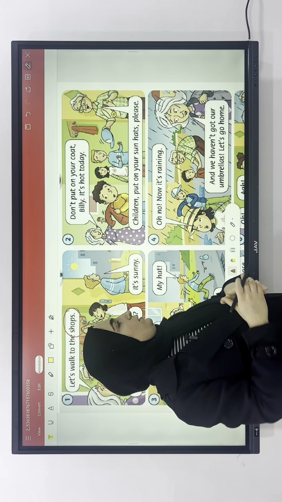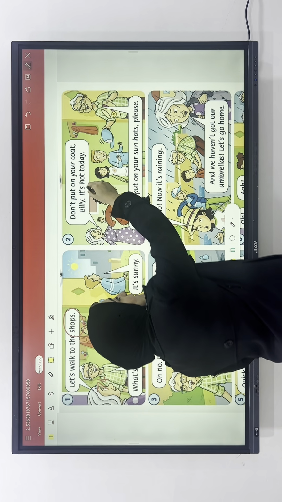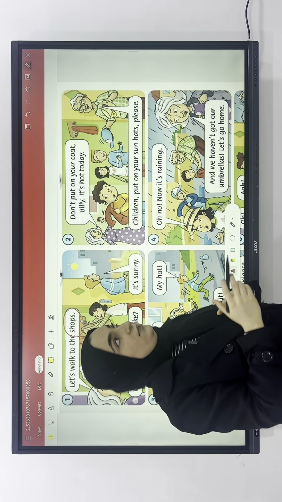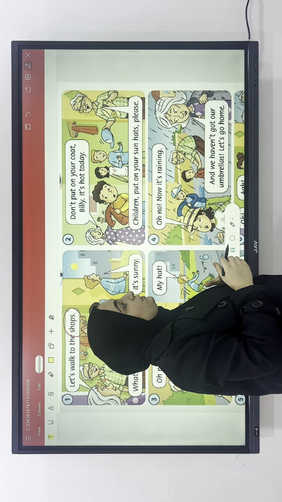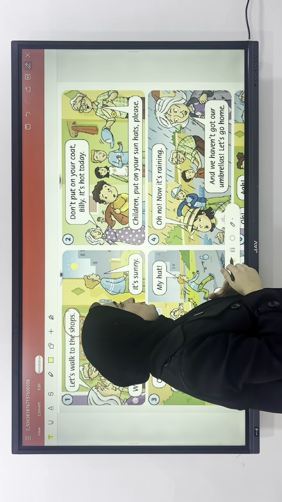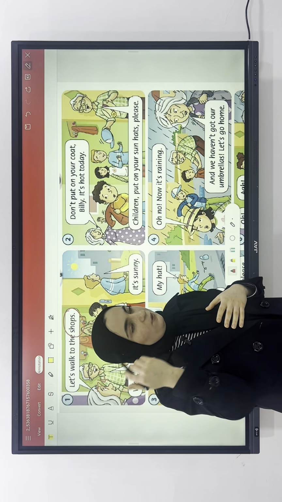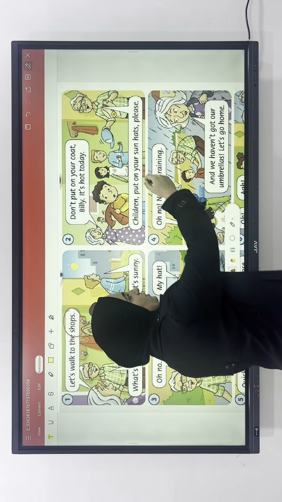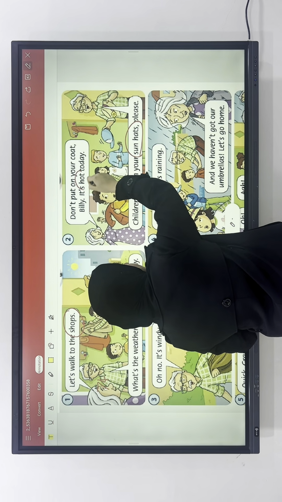He takes off his coat. Why? Because the weather is what? The weather is sunny and it is hot. Okay? Children, put on your sun hat, please. Why sun hat? Because again, it is sunny weather. If it's sunny, we put on a sun hat.